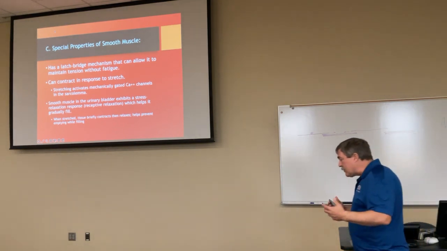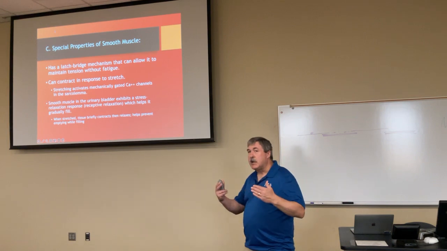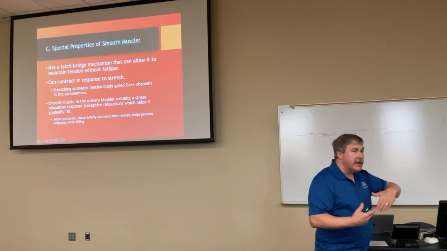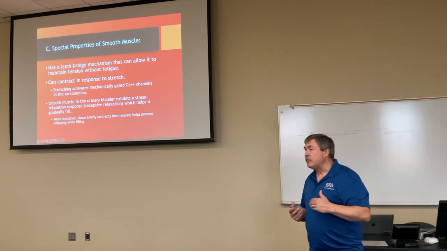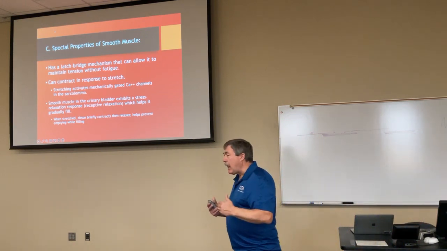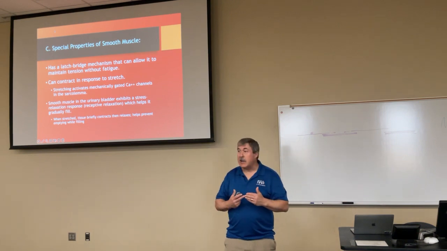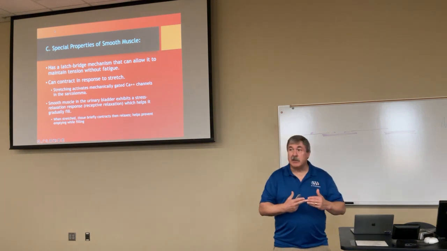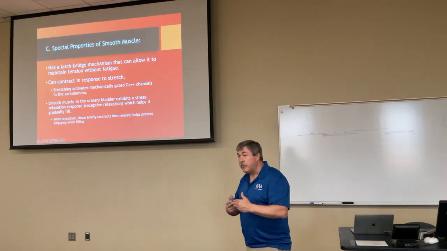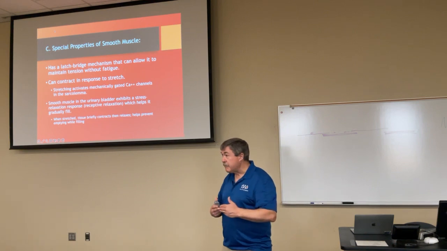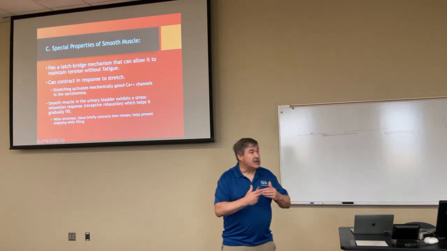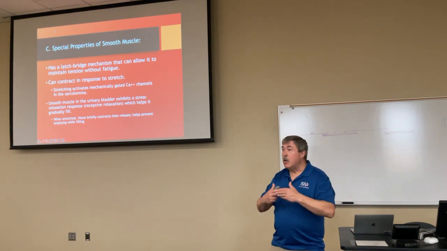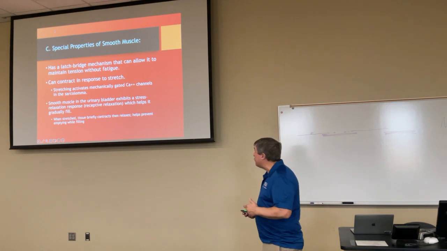But basically, smooth muscle can contract and a latch bridge can form between the thick and thin filaments that can allow the smooth muscle to maintain its tension over very long periods of time without having to continue to use up energy in the form of ATP. So it can contract and it can stay contracted and it can maintain tension without having to expend a lot of energy.